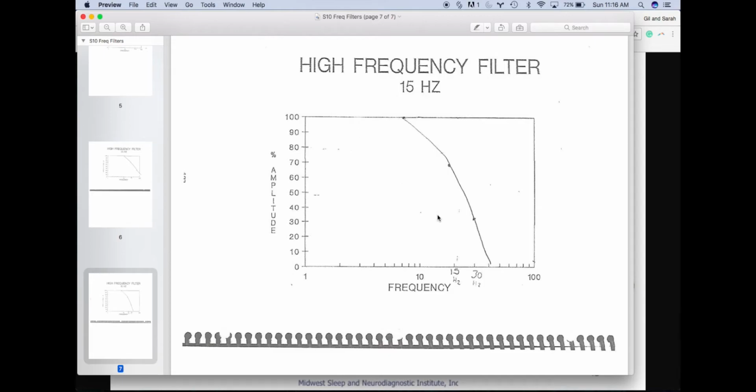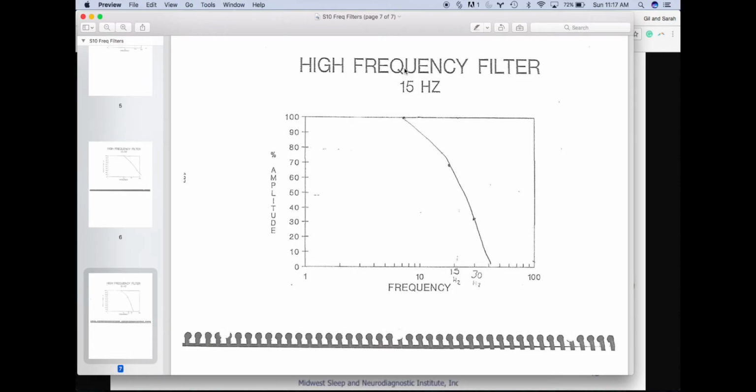Now, the main thing that you need to really understand for the high frequency filters is the number they give. This is a high frequency filter of 15 hertz. What they're saying is we are going to diminish the amplitude of the EEG by 30% at 15 hertz. Let me say that again.